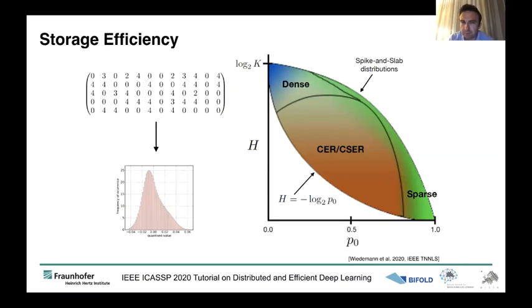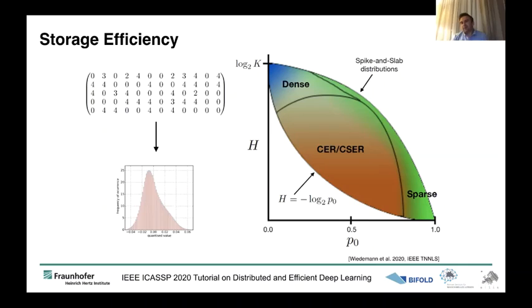If you have a lot of zeros, then the matrix will be very sparse, and the distribution will be very peaky around 0. On the x-axis you have this p0 value, and on the y-axis you have the entropy of this distribution, and the entropy tells you how uniformly the values are distributed.